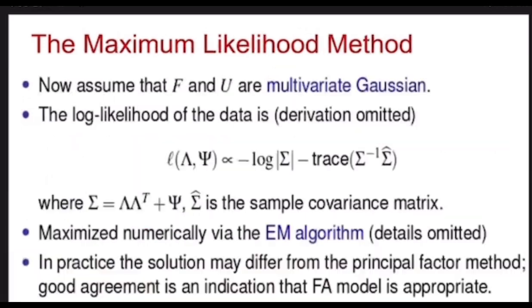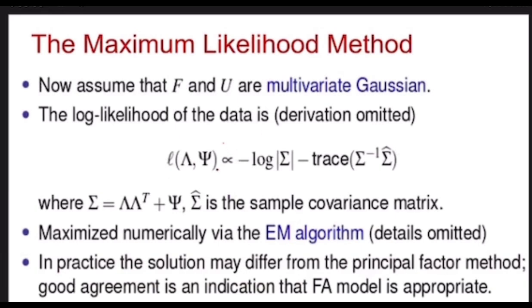But you know what? This is the most popular method, the maximum likelihood method. In the maximum likelihood method, we're going to assume that F and U are Gaussian, because before I can use a maximum likelihood approach, I need to know the probability density function of the data. Now, I'm going to get the log likelihood.